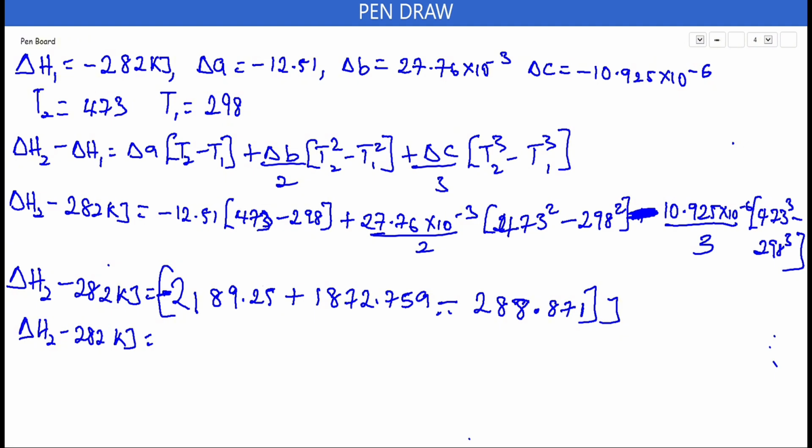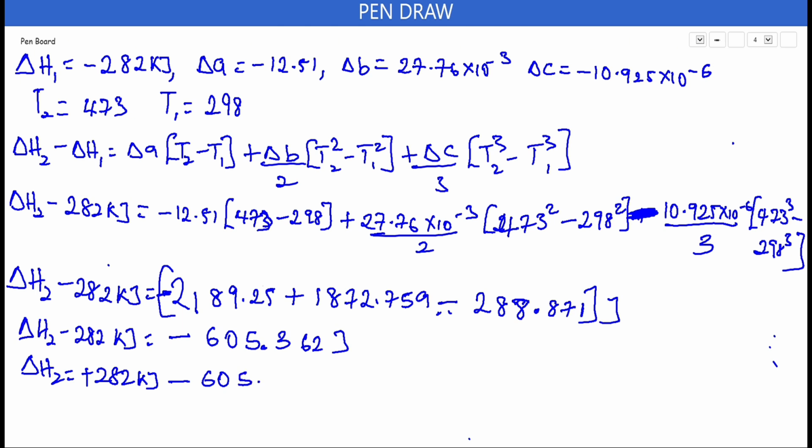So what we are having is minus 605.362 joules. Now normally to get our H2 is just equal to minus 282 kilojoules. No, when we bring it here, this will be plus, and this should be minus 605.362.